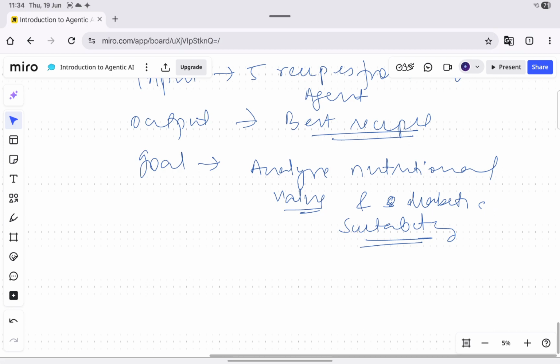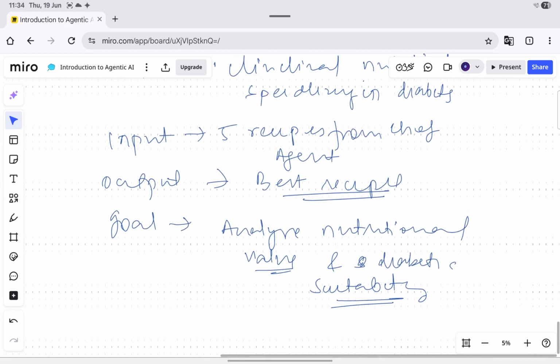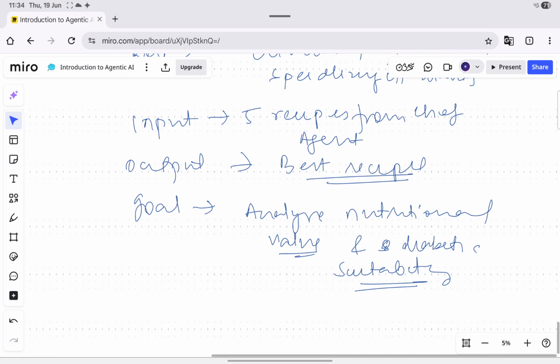In the upcoming lecture, we will build this same example with the help of the CrewAI framework. CrewAI is gaining a lot of momentum in the agentic AI world, so it is important to understand this framework.